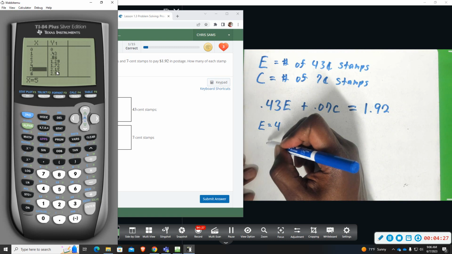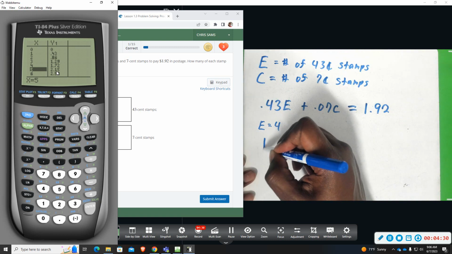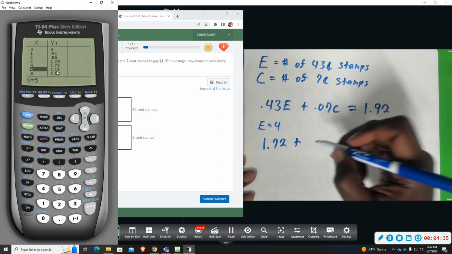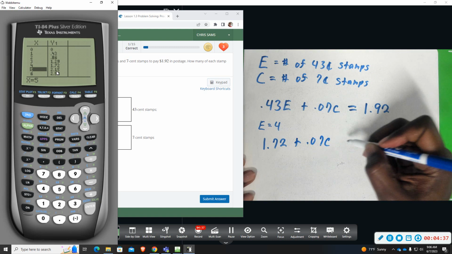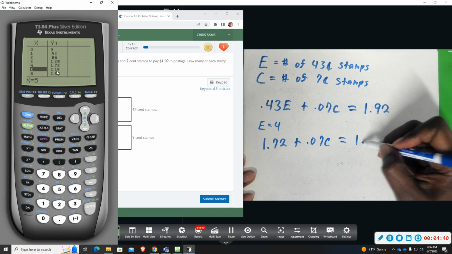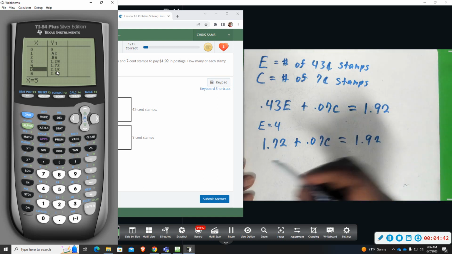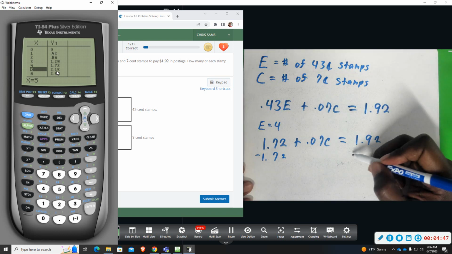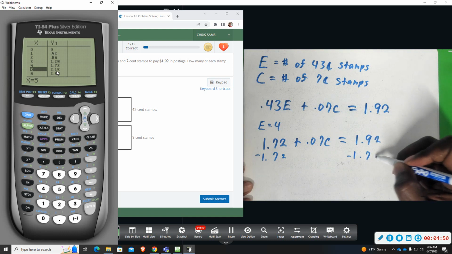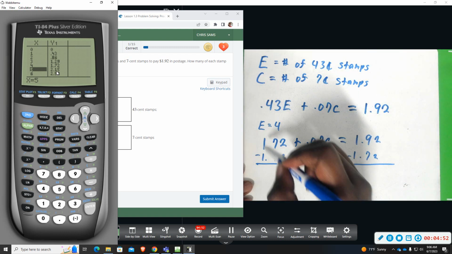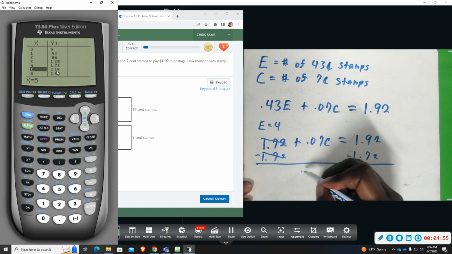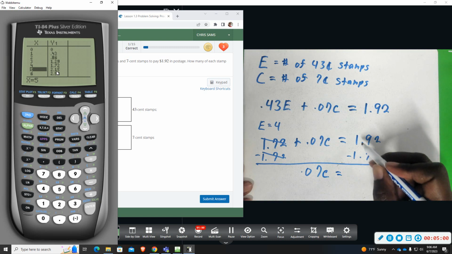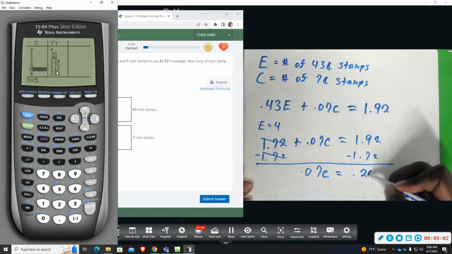That's going to give me a total of 1.72 that we can see, plus 0.07C, and that should equal 1.92. If I was to subtract 1.72 from both sides, that will leave me with 0.07 for the cheaper stamp, and that will leave me with 20 cents here.